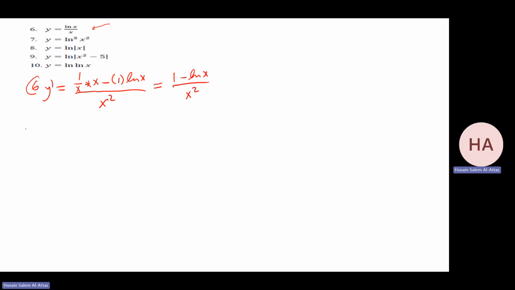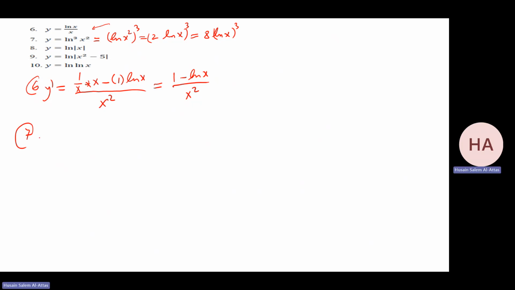That's number 6. Number 7, I can rewrite it as ln x squared all cubed, and that will be 2 ln x all cubed, and that will be 8 ln x all cubed.